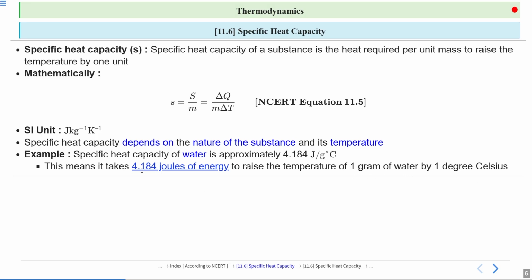So the required heat to raise 1 gram of water by 1 degree Celsius is 4.184 joule. So this is the specific heat capacity of water.